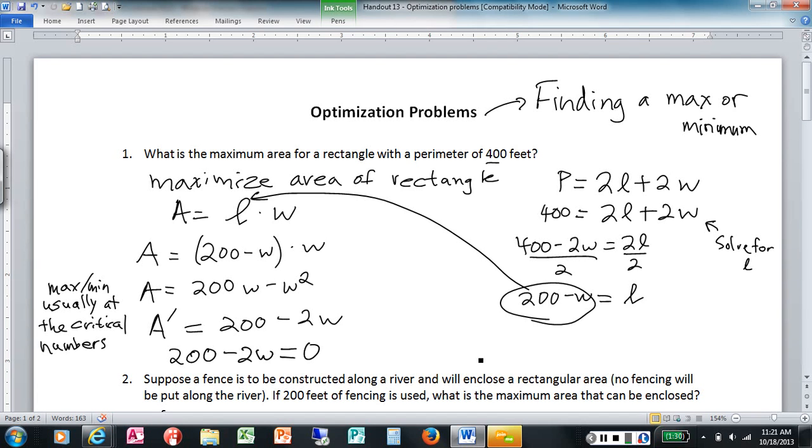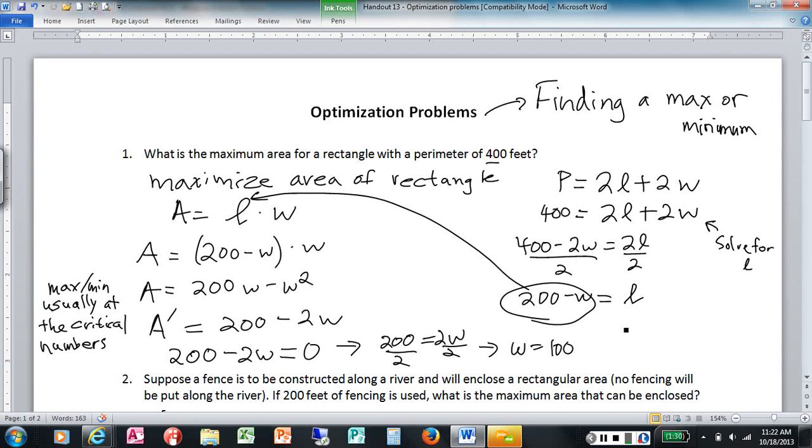And so that gives me then what? Add 2W and divide by 2 tells me W equals 100. And so that's where the maximum area occurs. That's, of course, the width that leads me to the maximum area.